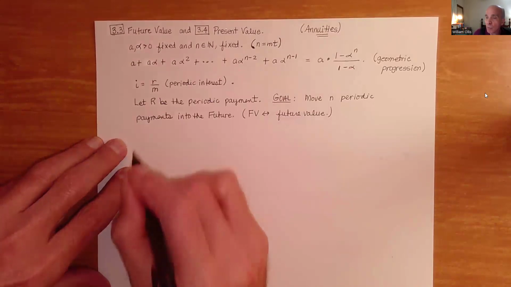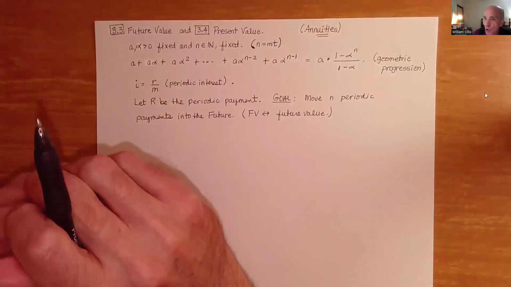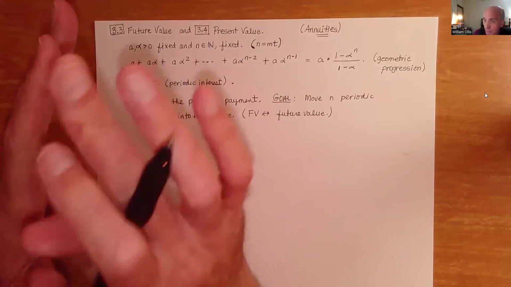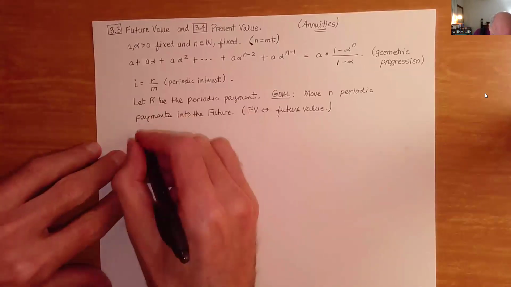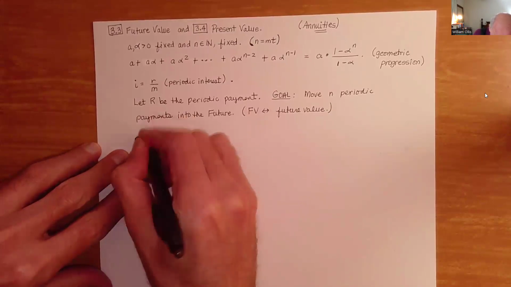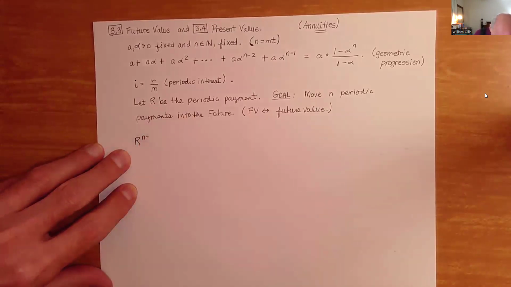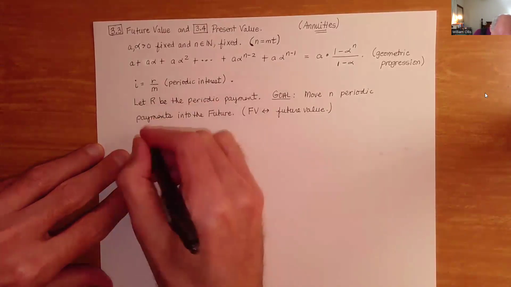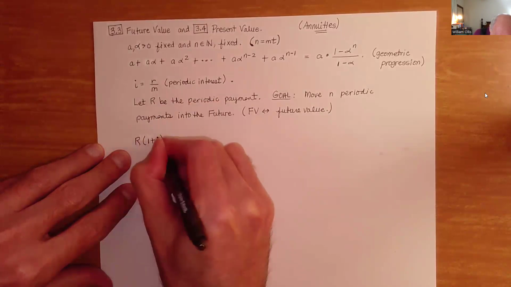So again, with our construction, the periodic payments are made at the end of each payment period where we apply interest. So the first payment will move n-1 payment periods. Oh, well, let me put in the interest component. Remember, 1 plus I to the n-1.